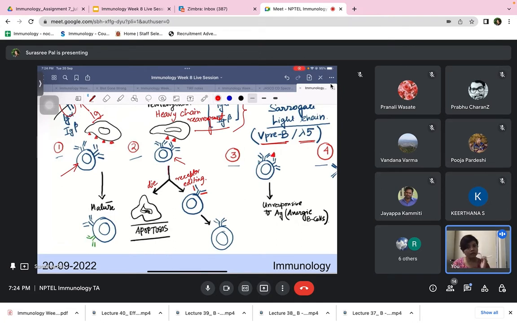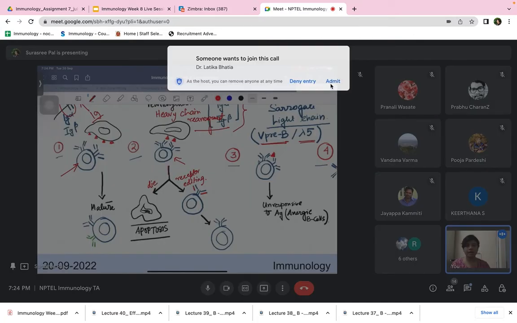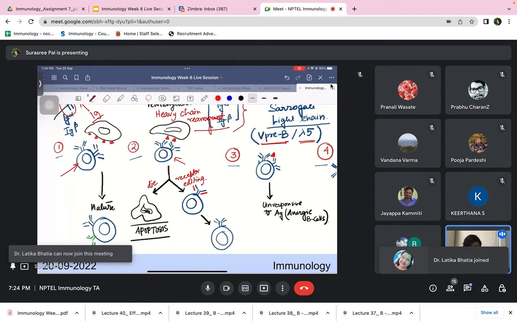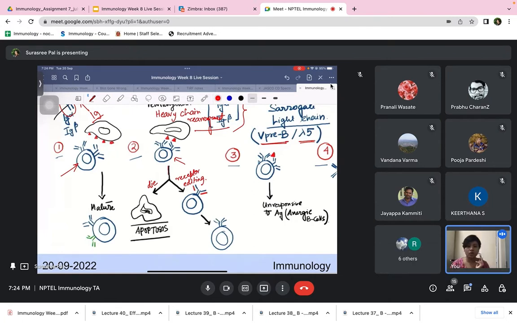So there can be several rounds of receptor editing in this particular stage. If the B cell receptor expressed on the immature B cell reacts to the self antigen, either the cell will die by apoptosis, or it may undergo receptor editing, in which further rearrangement of the heavy chain and the light chain will take place.